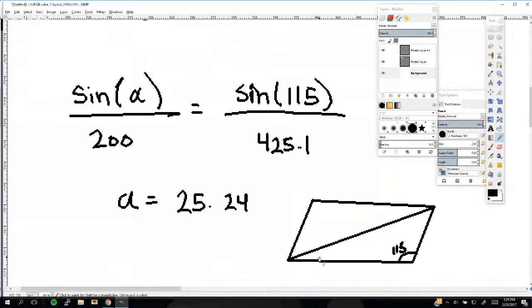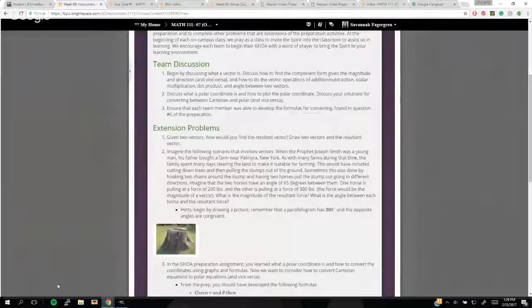Yep, that's what I got. Awesome. Okay. Do we need to find the other angle, or is that fine? I mean, we can. It's kind of a no-brainer. Yeah, it's probably fine. Going on to the next one.